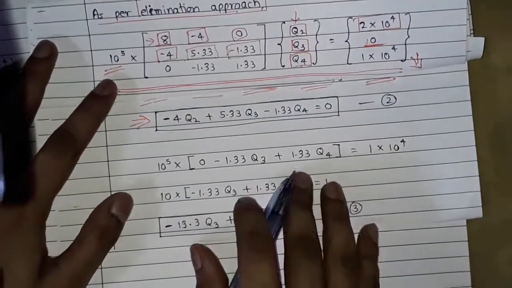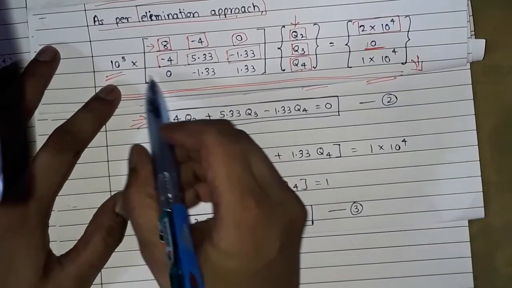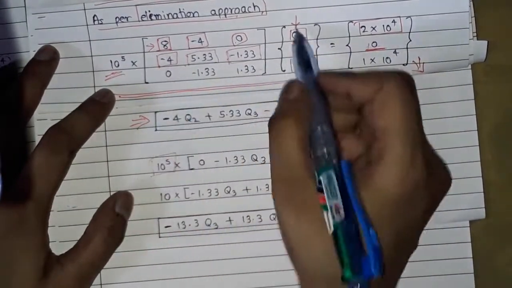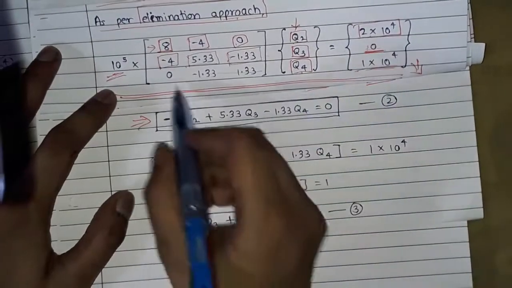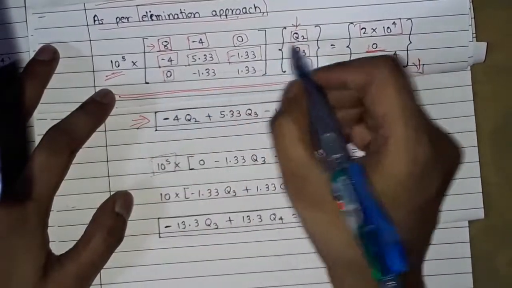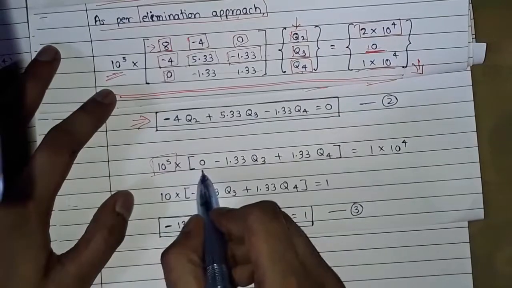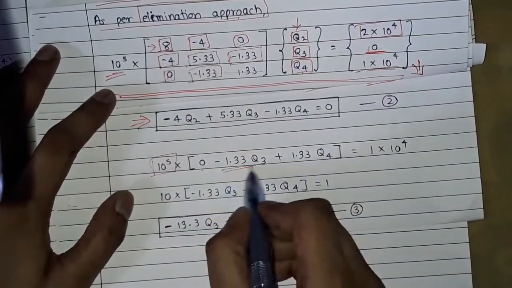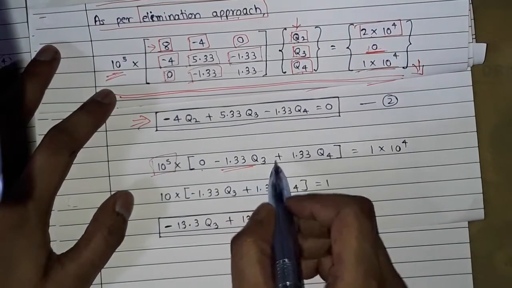Now for the third row, this is as it is. Third row first column into this one gives 0, this into this gives minus 1.33 into q3.